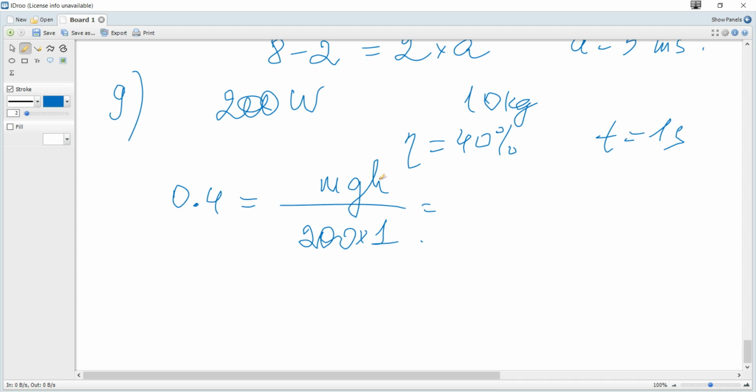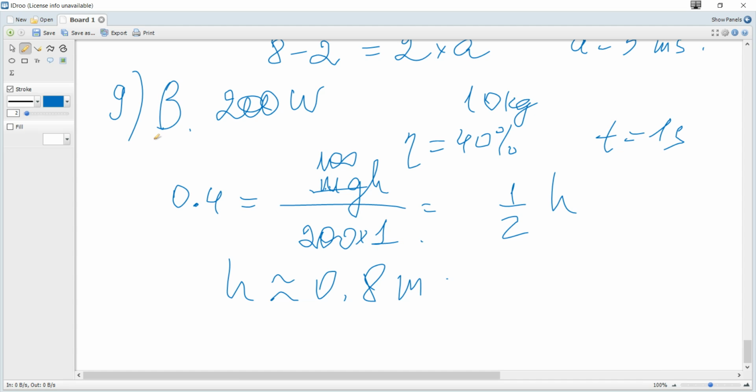And we just need to find h, so it's 10, g approximately also 10, so it's approximately 100, so it's a half h, so h is approximately 0.8 meters, it's b, 9b.